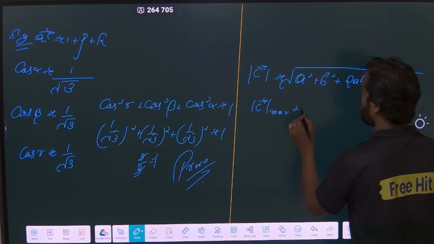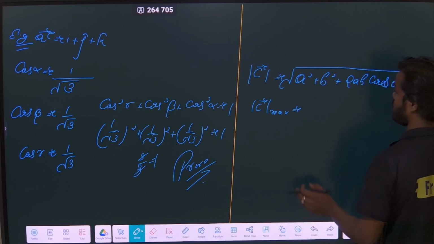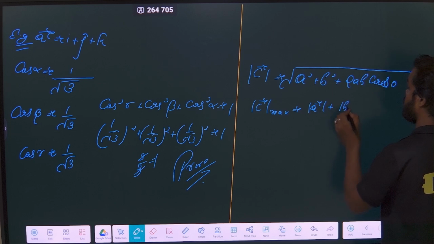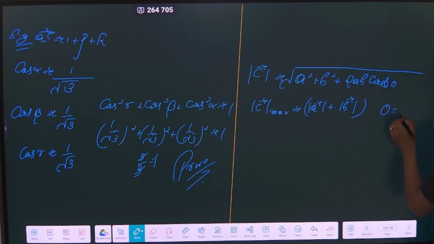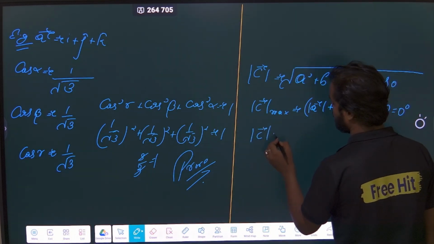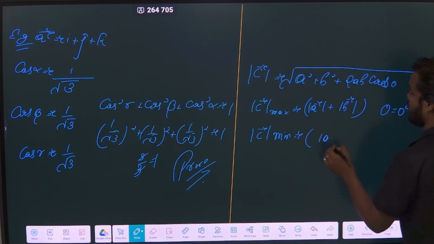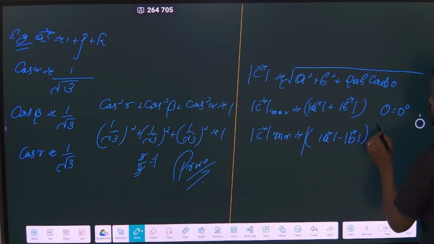It will be maximum, mod of A plus mod of B, when theta is equal to 0 degrees, and mod of C is minimum, that is mod of the difference of mod A and mod B, when theta is equal to 180 degrees.